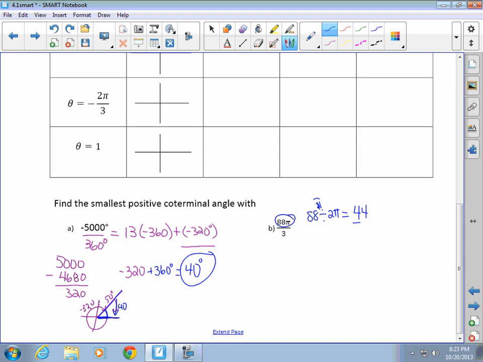So if I take my 44 and divide that by 3, that's going to go 14 times evenly.